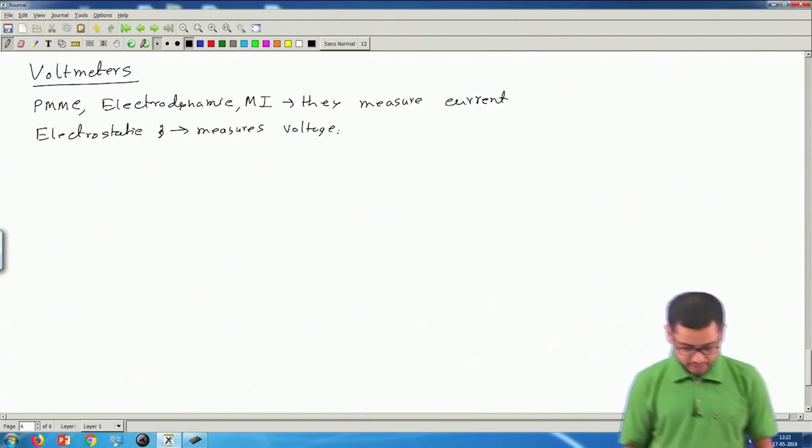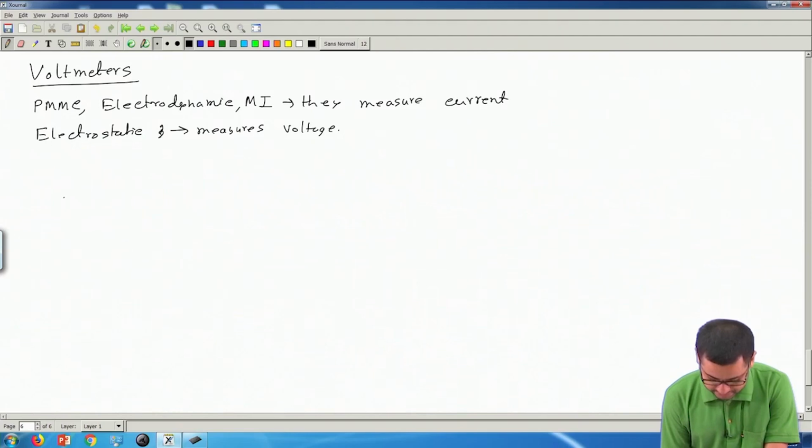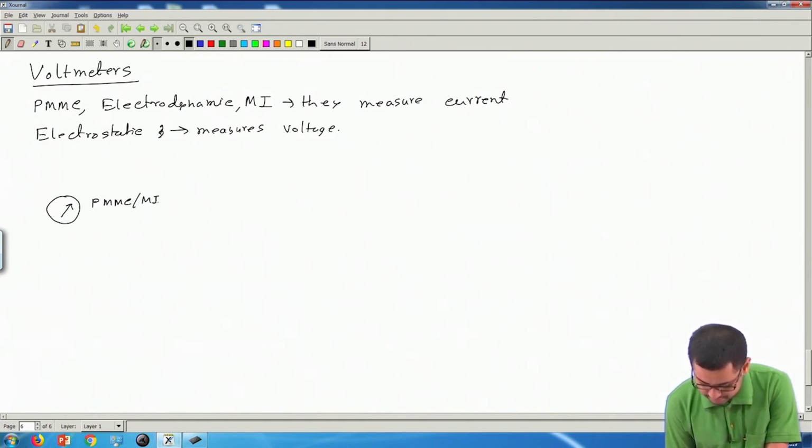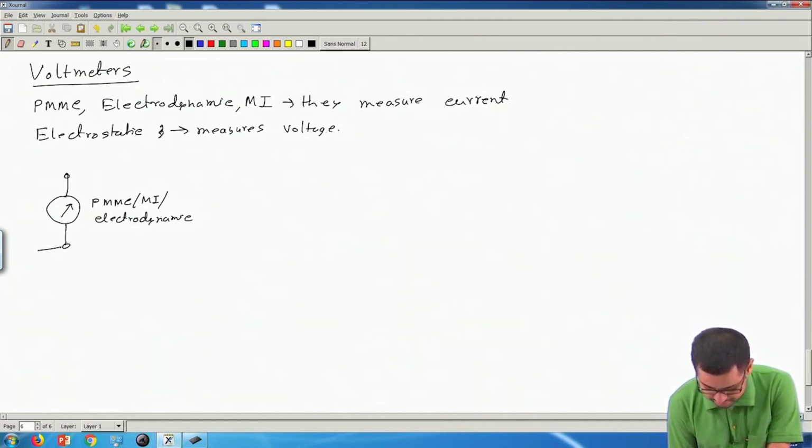Say I have this meter, a PMMC or electrodynamic or MI, and I apply a voltage V across this.